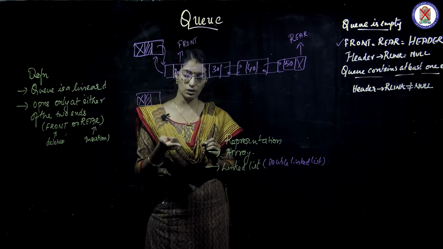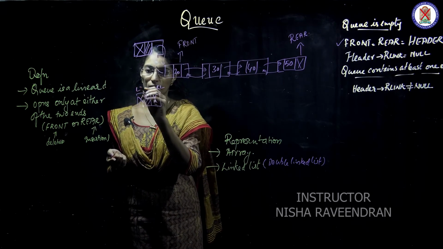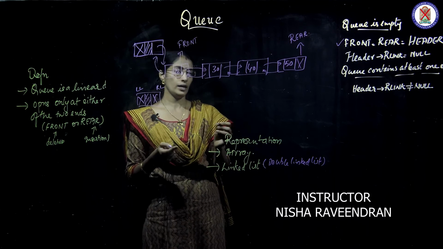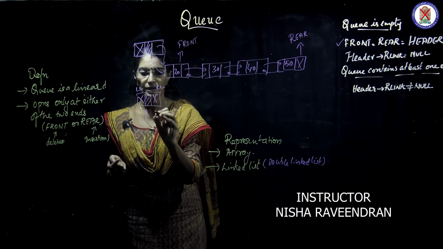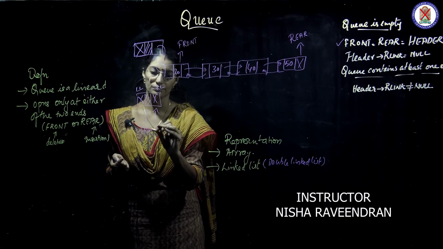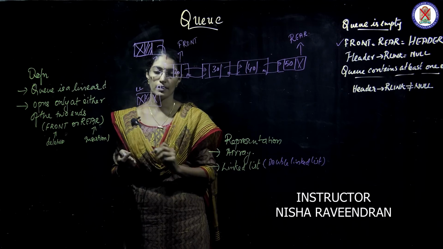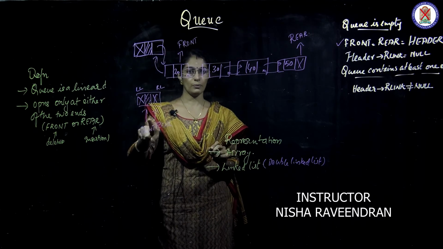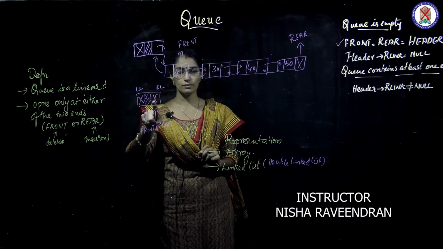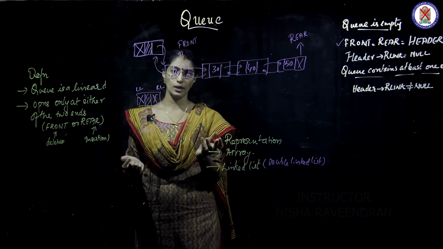Q is empty means the right link is also null, right? And moreover, front and rear are pointing to the header. Front and rear will be pointing to the header. The right link of the header node is also null because the queue is empty.